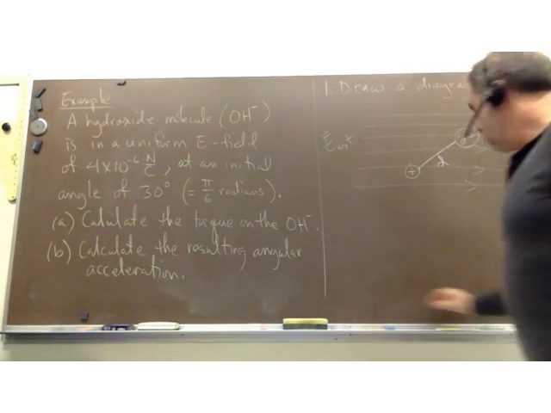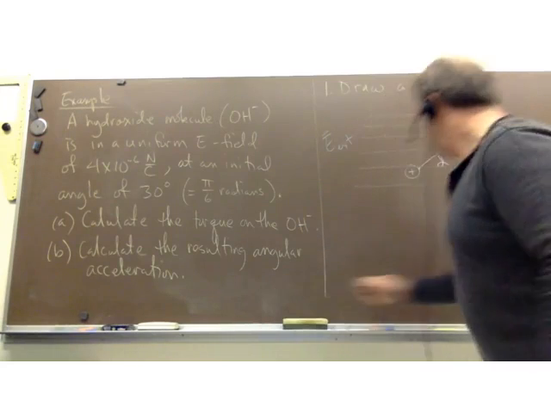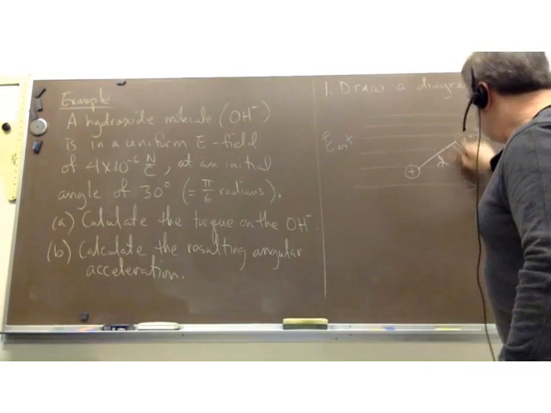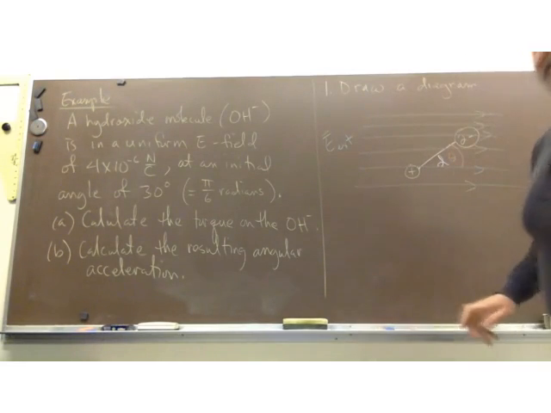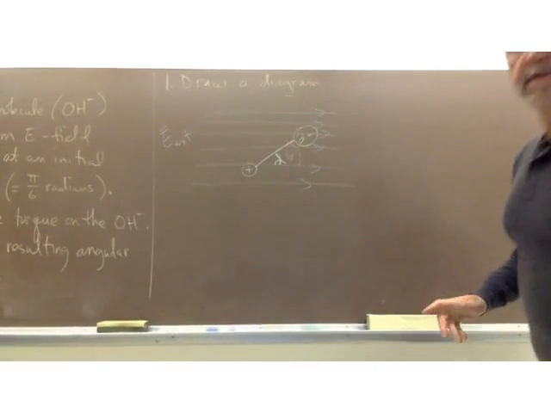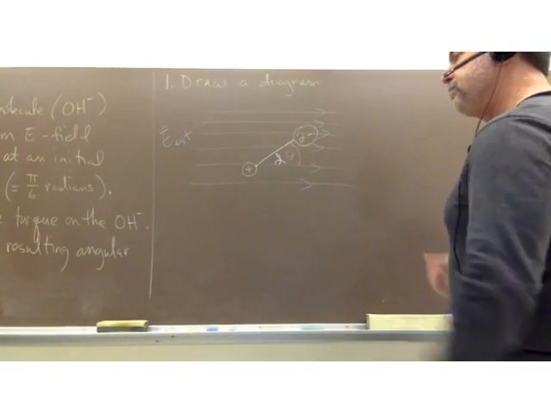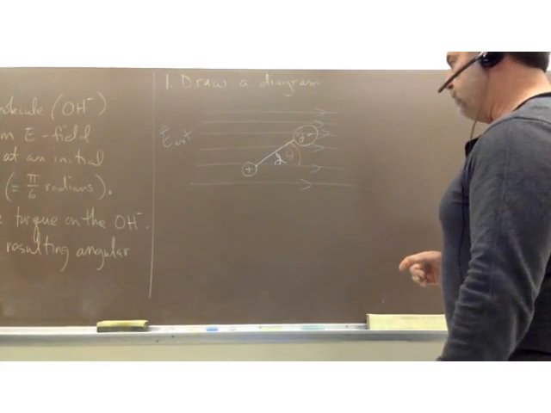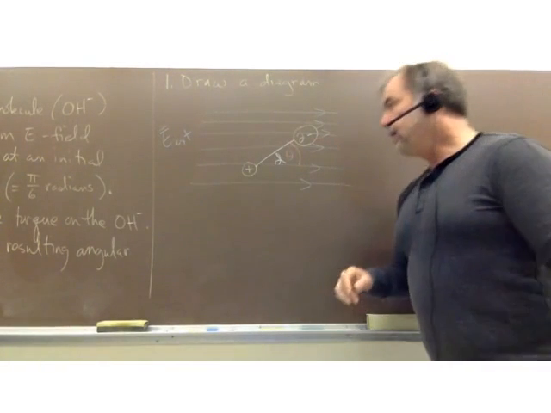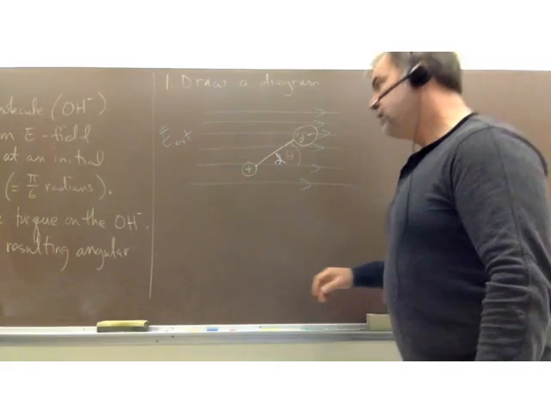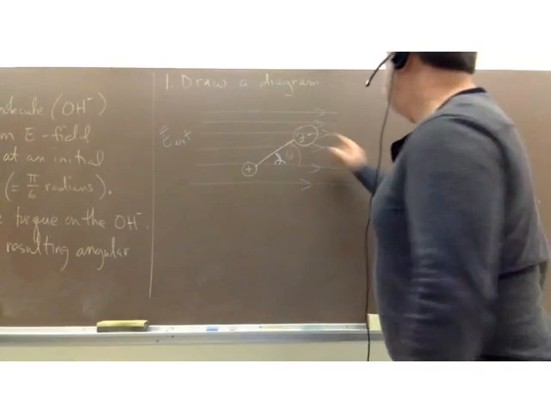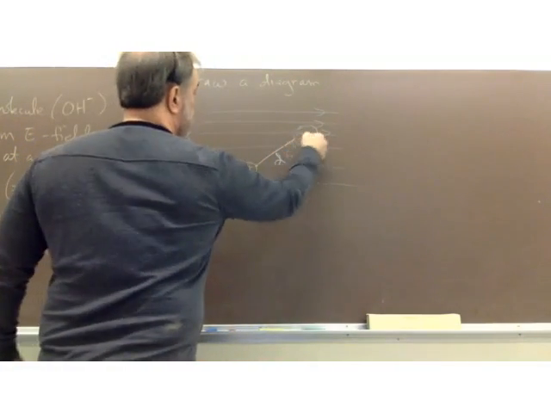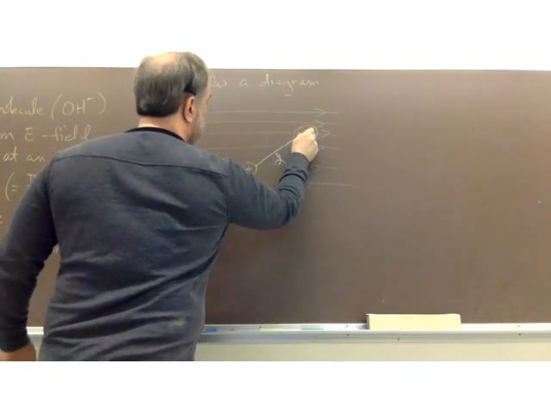There is our angle theta, 30 degrees. Oh, sorry, you can't really see it all that well. Okay, good. And there will be forces and therefore torques. The force on our negative oxygen here is going to point in the opposite direction of the electric field at that point.